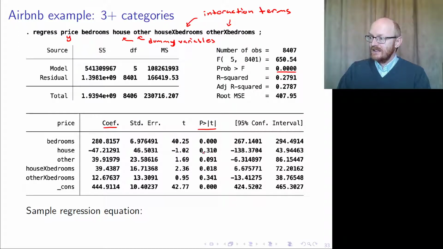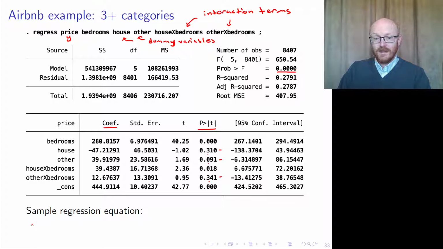And we see that some of these coefficients are not statistically significant on the 5% level, but that's kind of beyond the point here. In real life, you would probably not keep these, but let's move on to the regression equation.